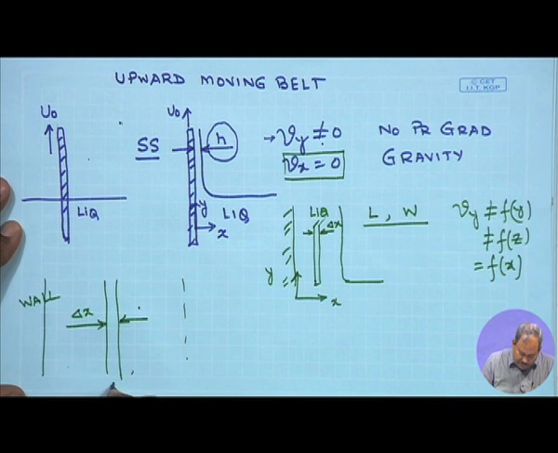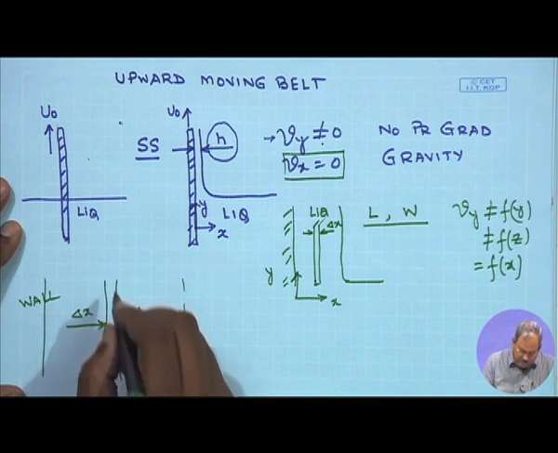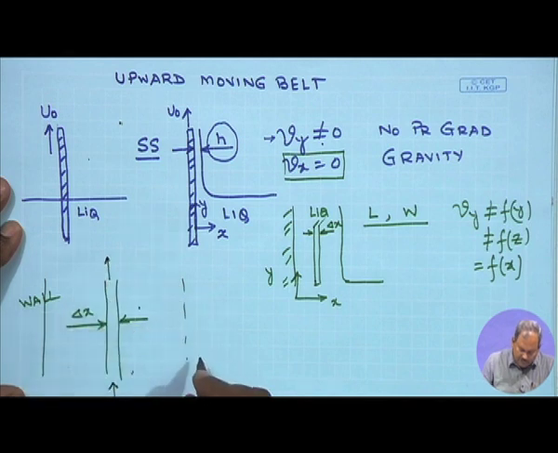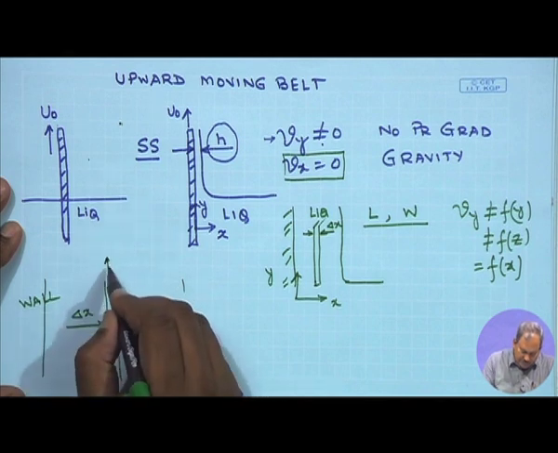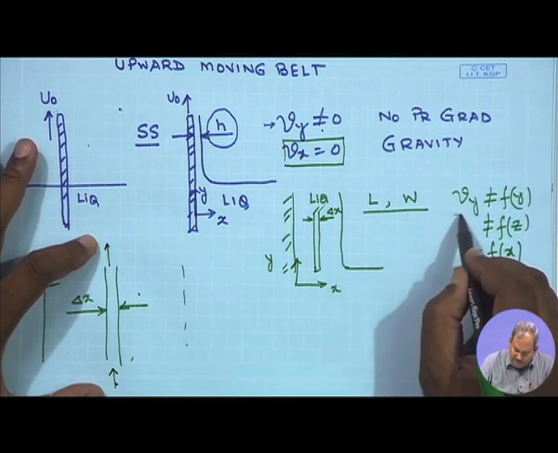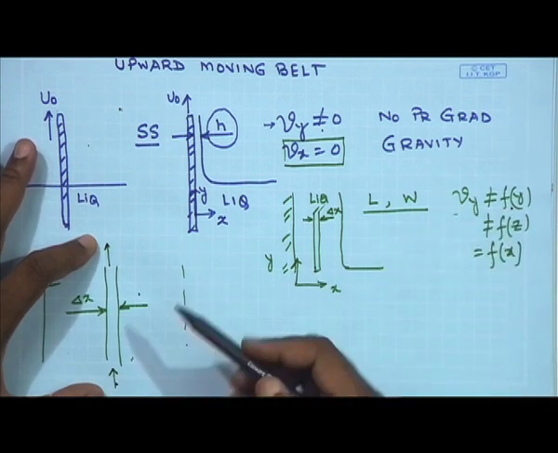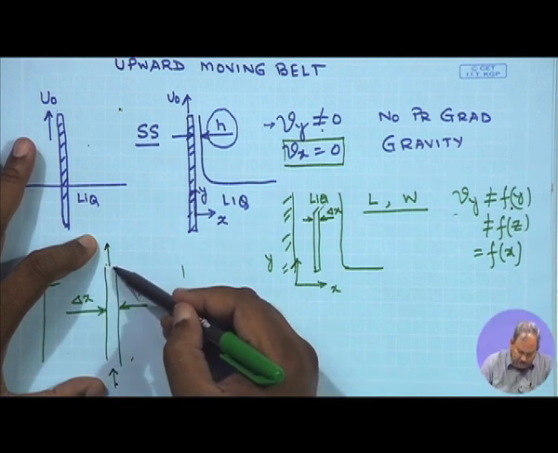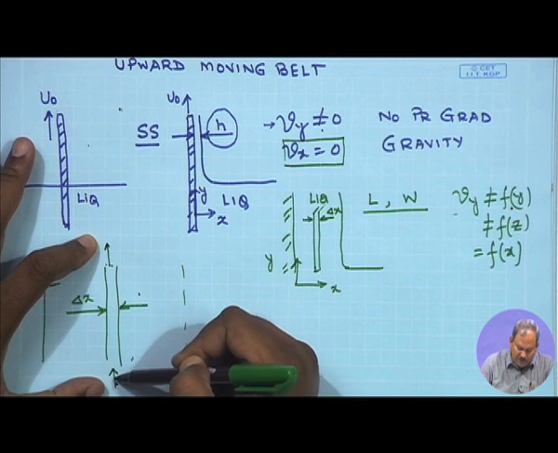Some amount of momentum which is convective momentum will come in, some amount of the convective momentum will go out, but these two must be equal to each other because of my assumption that Vy is not a function of y. So, whatever be the convective momentum here and convective momentum here, they must be equal and opposite.